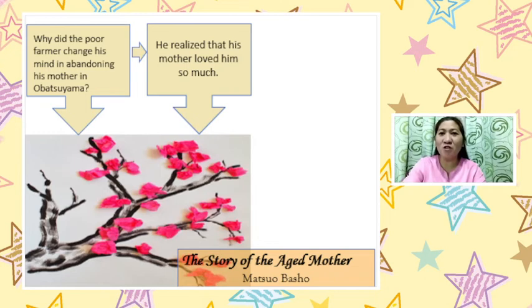Let us see the description of the mountain Obatsuyama. The road going up there was long and steep. It was crossed and recrossed by many paths made by hunters and woodcutters. The aged mother knew that her son did not know the many paths of the mountain, and she thought that her son would lose his way going down from the mountain.